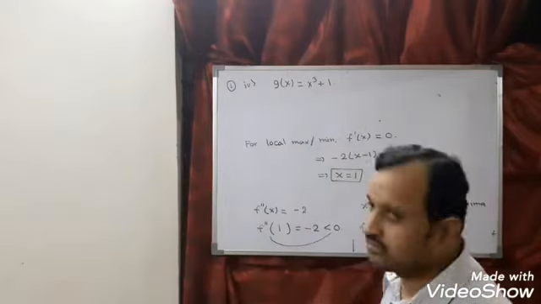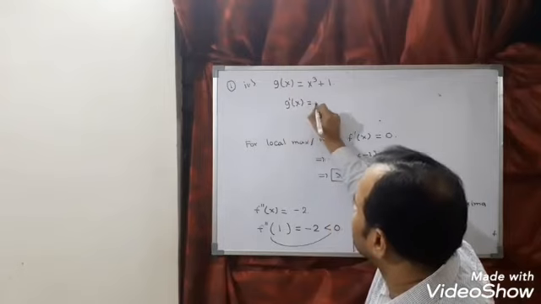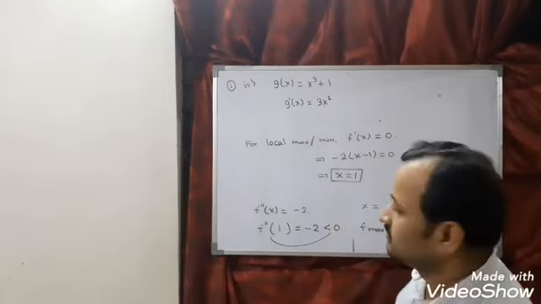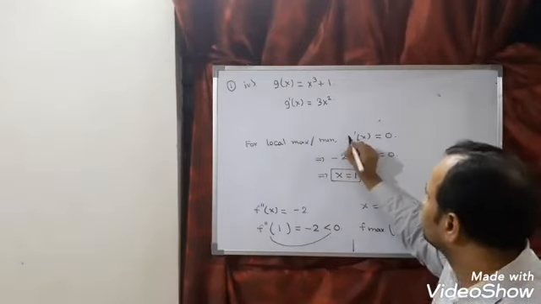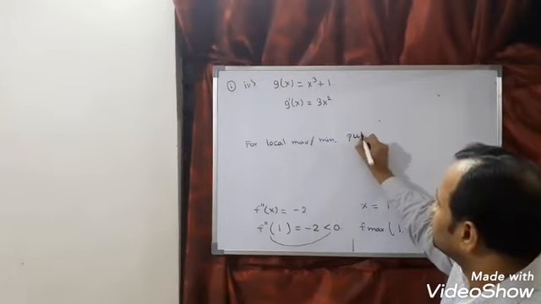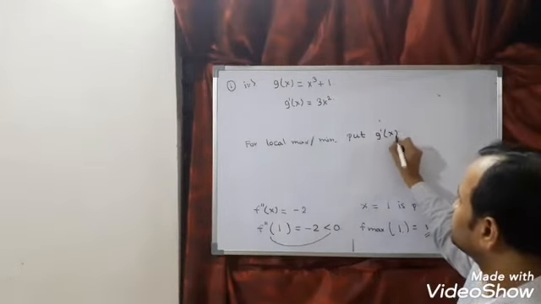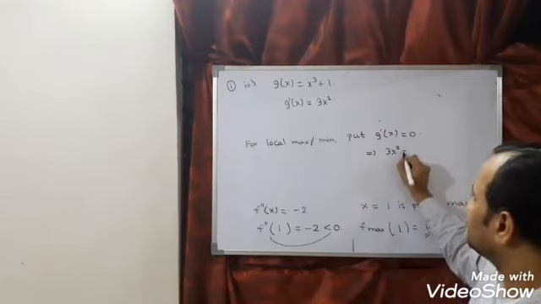Now look here. Find g dash x. So g dash x is equal to 3x square. Next, for local max or local min, the condition is to put g dash x equal to 0. So you will get 3x square equal to 0.